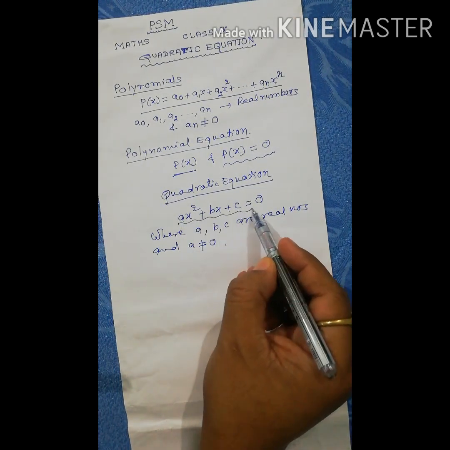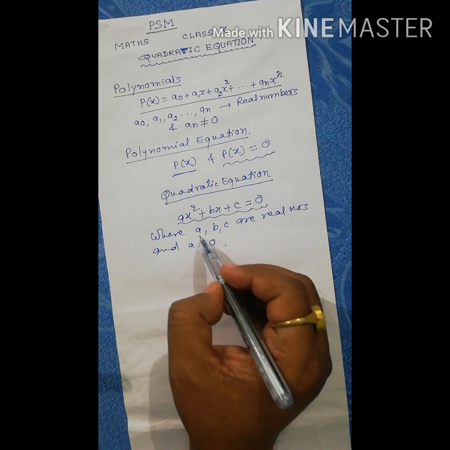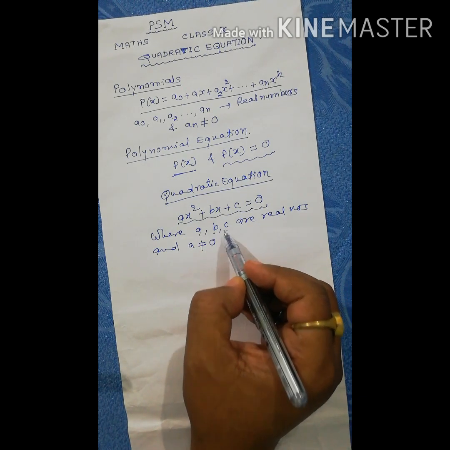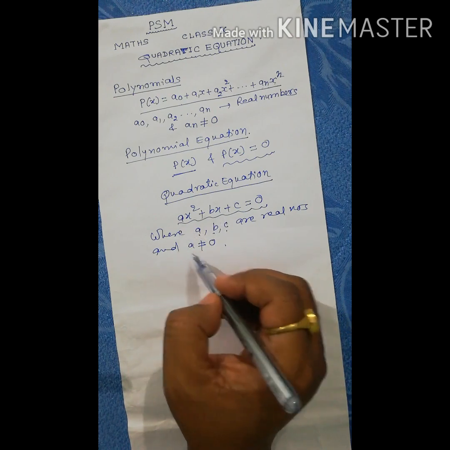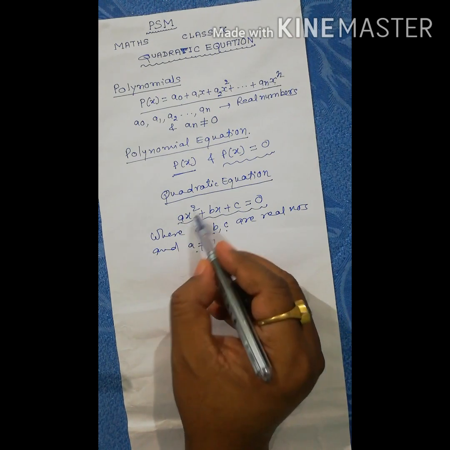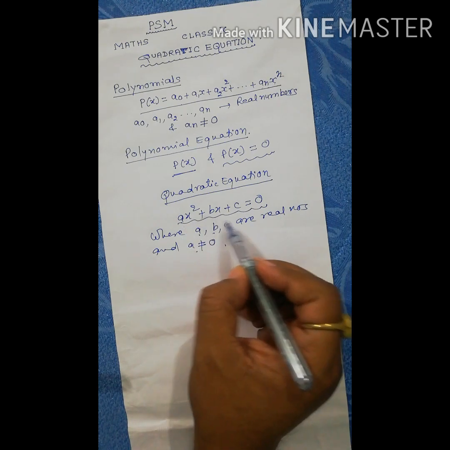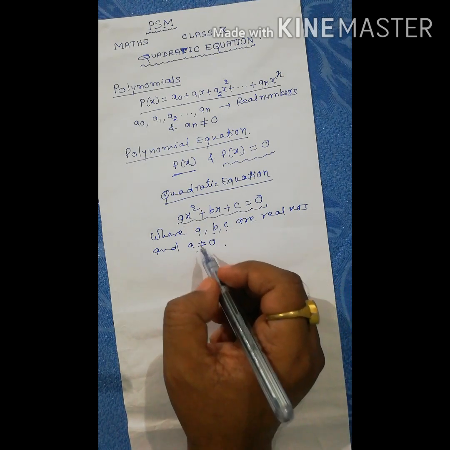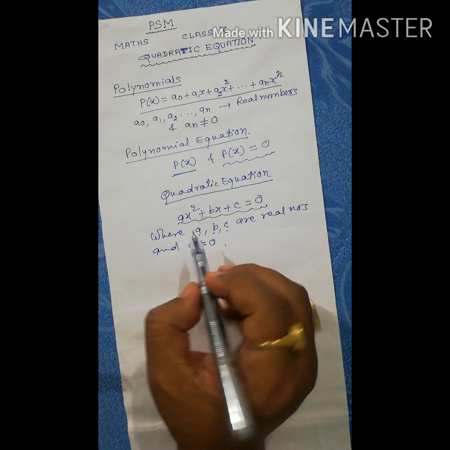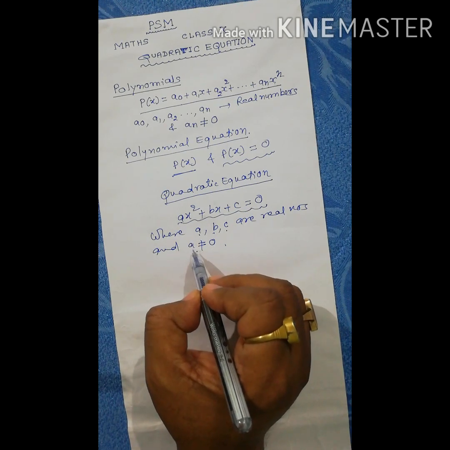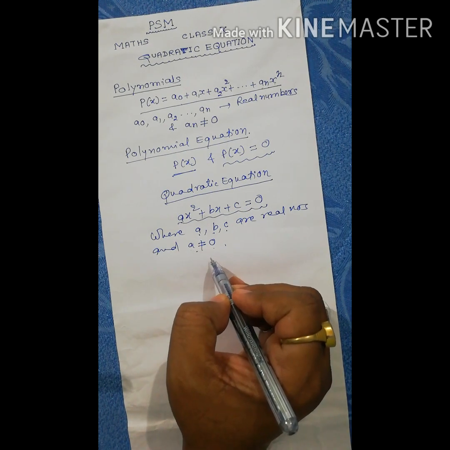This is a quadratic equation when a, b, c are real numbers and a is not equal to 0. Definitely if a is 0, then this term will vanish, and then this will not be a quadratic equation. So it is necessary to make a not equal to 0.